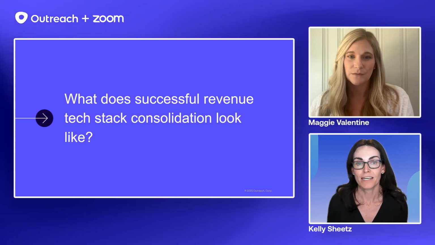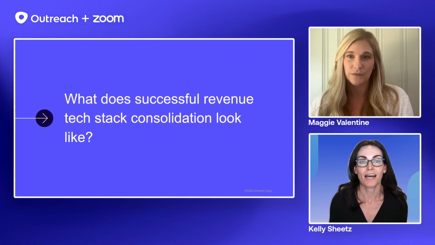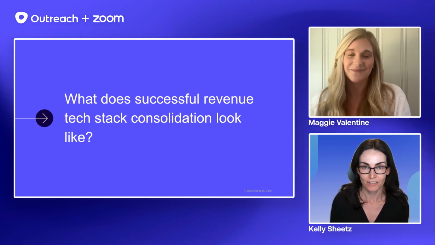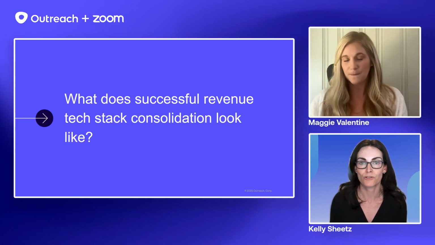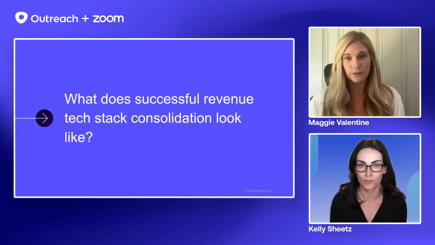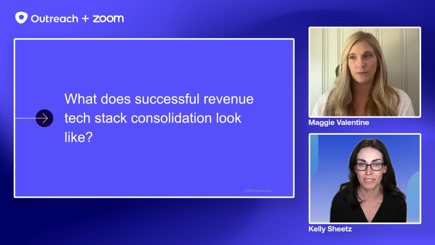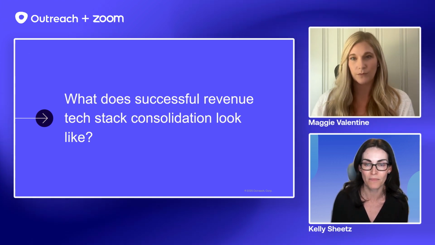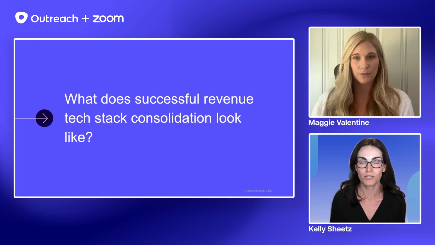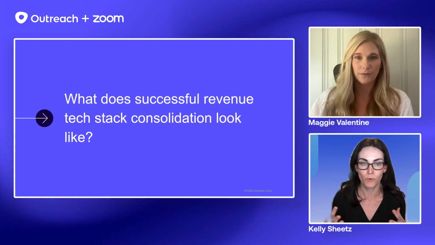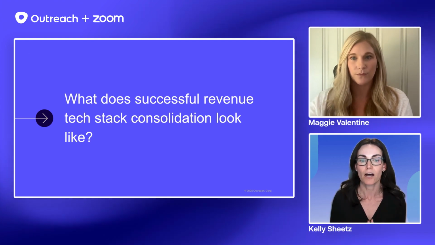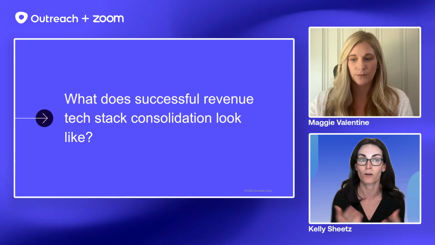Yeah. And what I would say is I'd probably start with what I don't think consolidation is. And that is cutting tools for the sake of cutting tools. To your point around a single pane of glass, that doesn't mean one tool, one system. That means something else entirely, where you are bringing in a more seamless, intelligent, efficient ecosystem of tools, right?